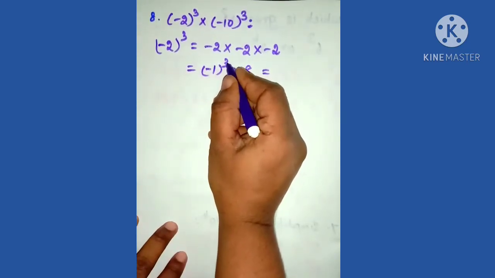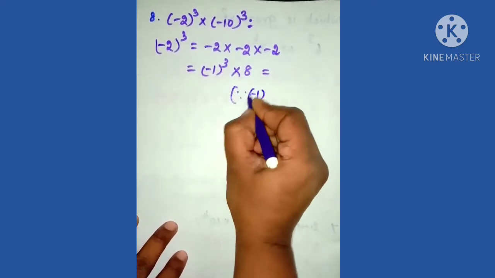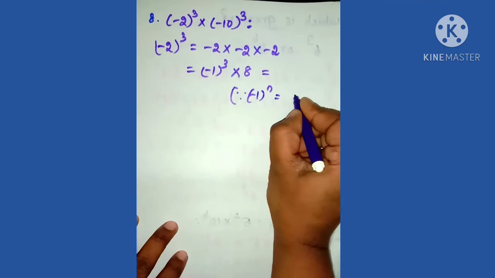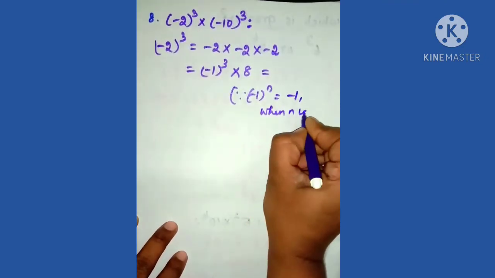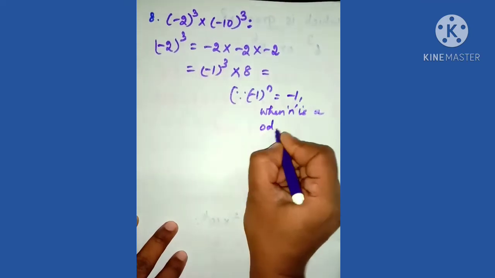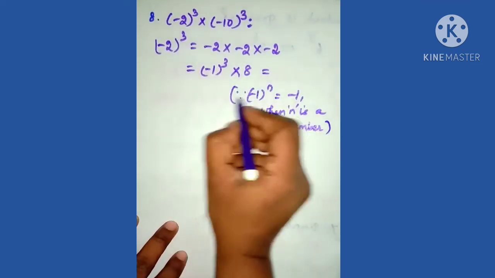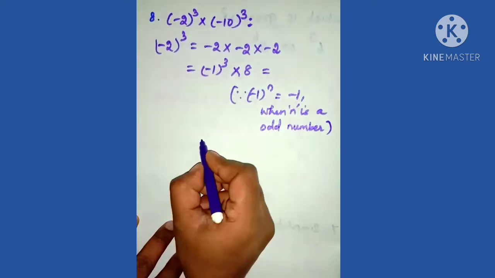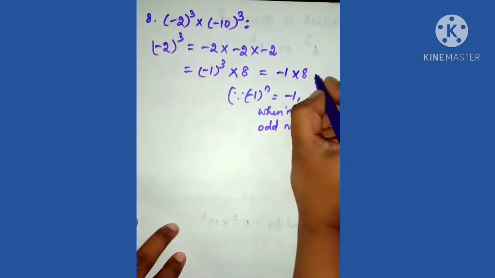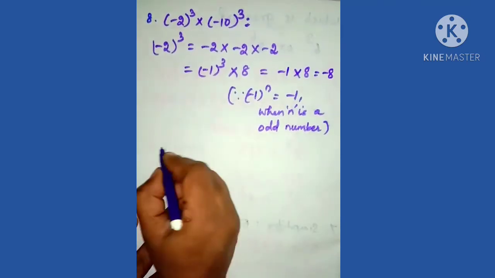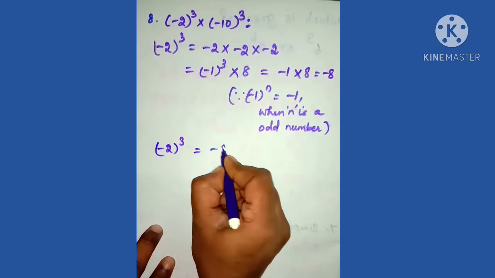So that is 3 is an odd number. So we know that minus 1 to the power n equal to minus 1 when n is the odd number. So students, the value of minus 1 to the power 3 is minus 1 into 8, which is minus 8. Now minus 2 to the power 3 is minus 8.